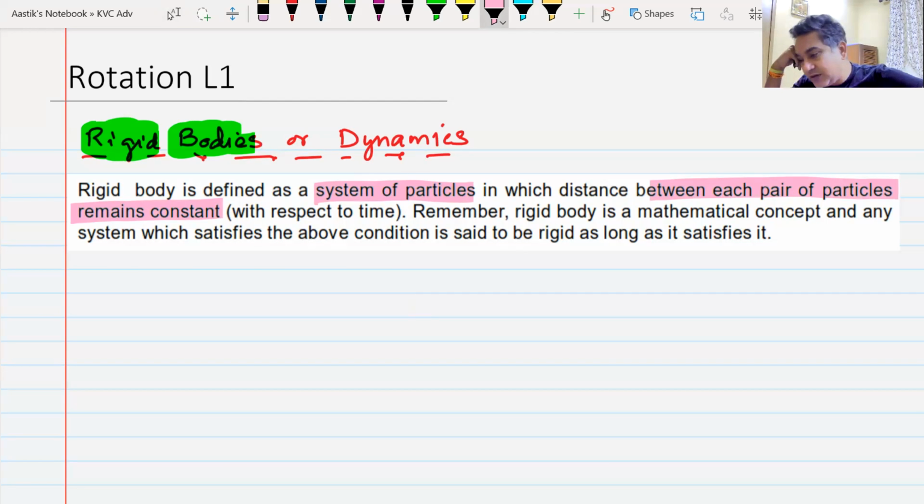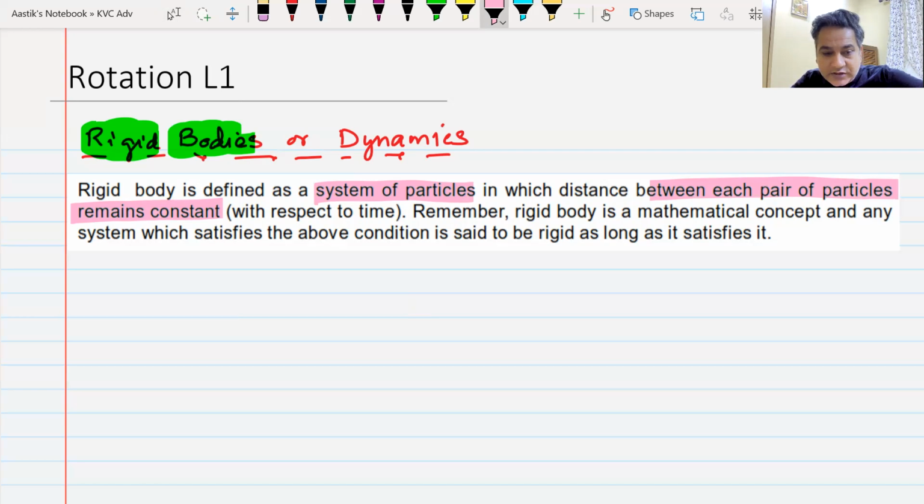If I talk about any 2 points on that body, and the distance between them remains constant, then we call such bodies rigid bodies.